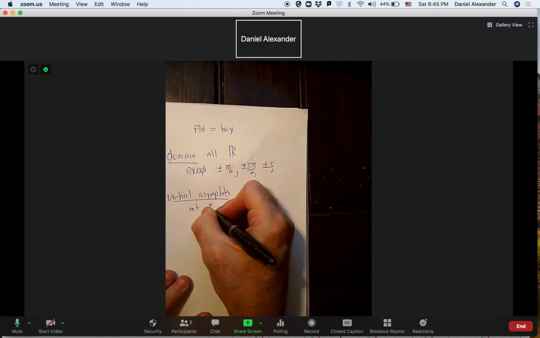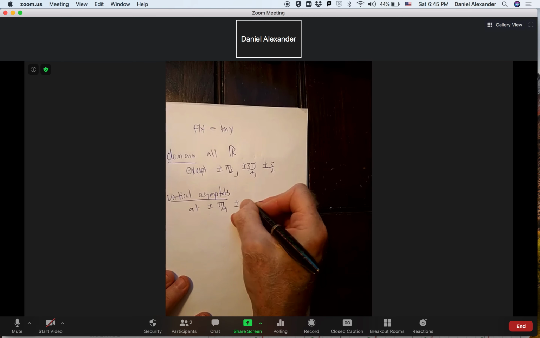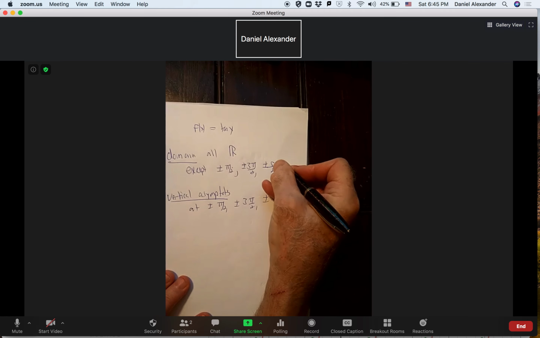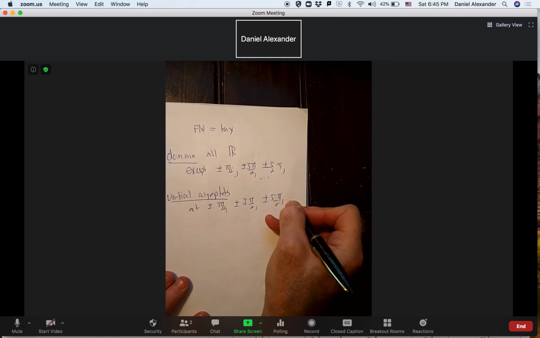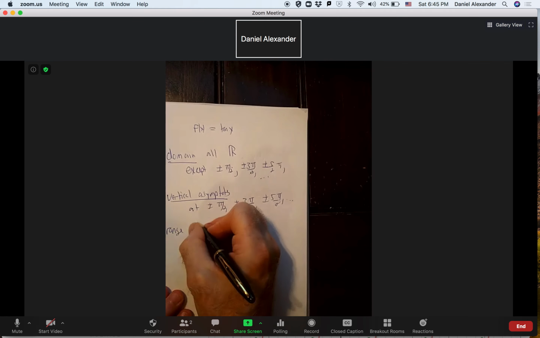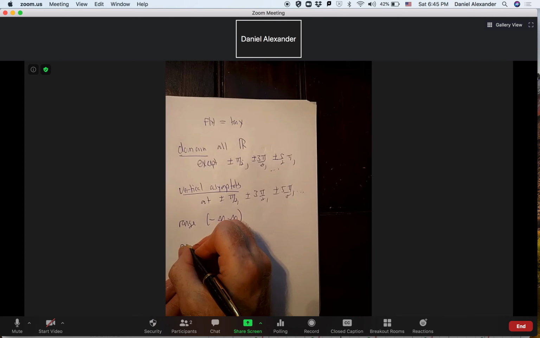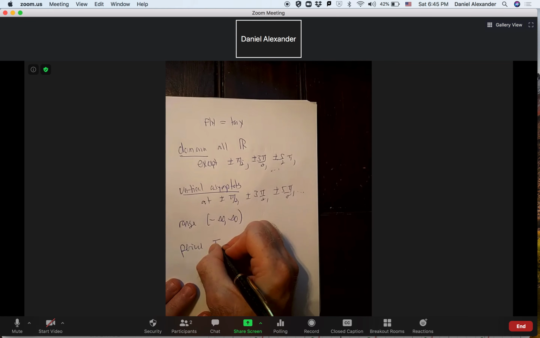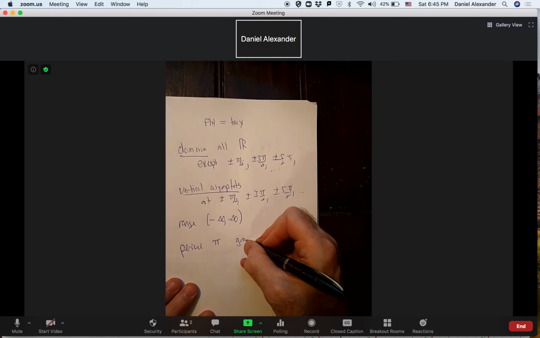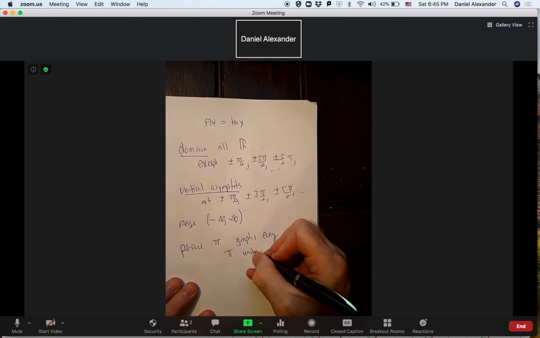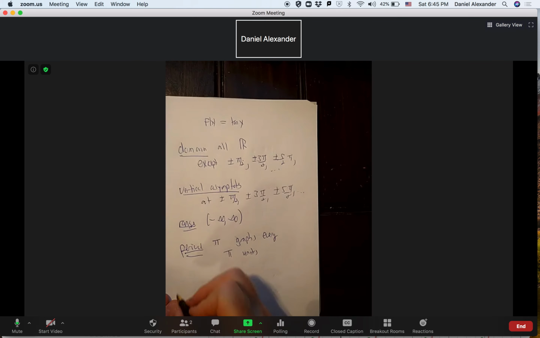Notice that the sine and cosine didn't have any. Okay, and this keeps going on, etc. The range is minus infinity to infinity. The period is going to be pi. The graph repeats every pi. And the amplitude doesn't make sense. The amplitude would be infinity, but it really doesn't make any sense to talk about that.